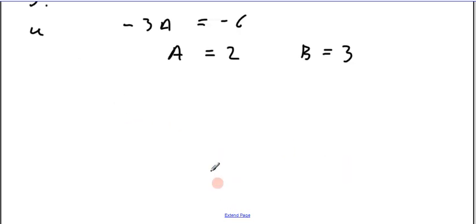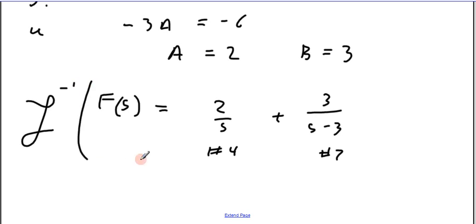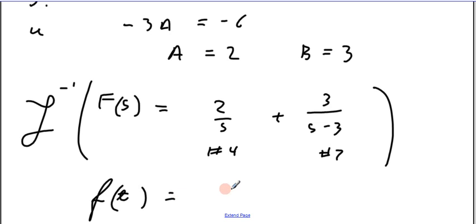So I've got f of s is equal to 2 over s plus 3 over s minus 3. That's number 4. This is number 7. I take the inverse Laplace transform, and I get f of t is equal to 2 plus 3e to the 3t. And that checks with the back of the book, and we're happy about that.